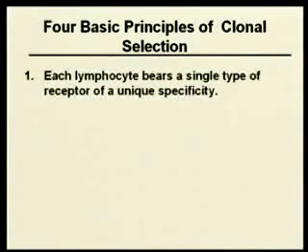So there are four basic principles to the clonal selection theory. First, each lymphocyte bears a single type of receptor of unique specificity. So each T cell is able to recognize one MHC complex antigen combination.